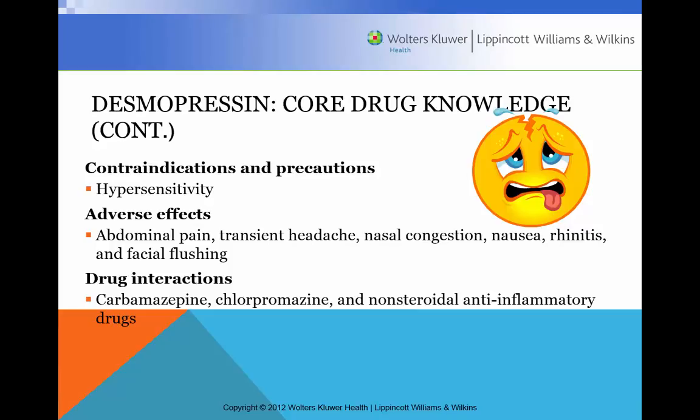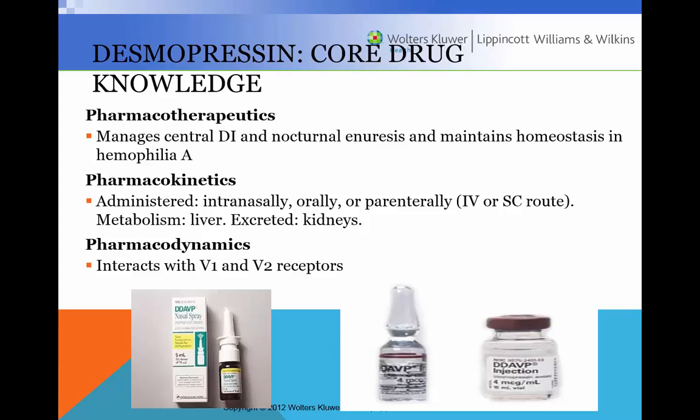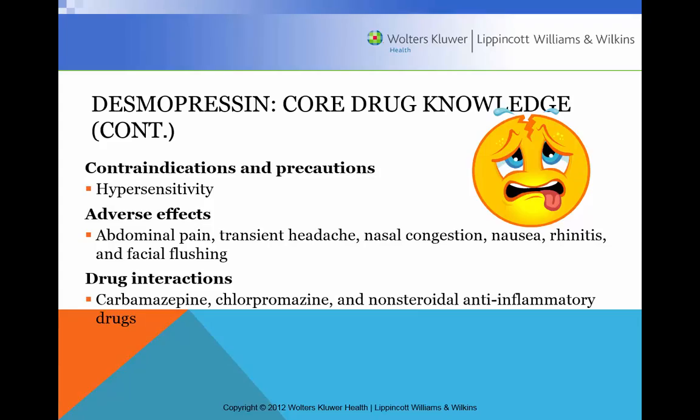Injection of desmopressin, if we were giving it in the IV or sub-Q route, would cause local erythema, burning, pain, and swelling, like an injection site reaction. And the oral administration of tablets has shown a transient increase in the AST levels, which are the liver levels.